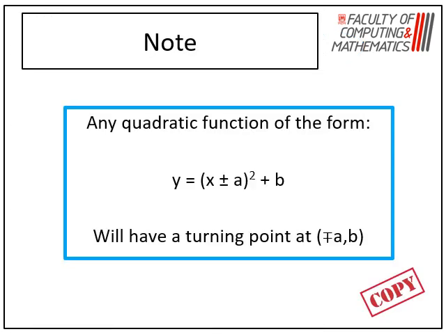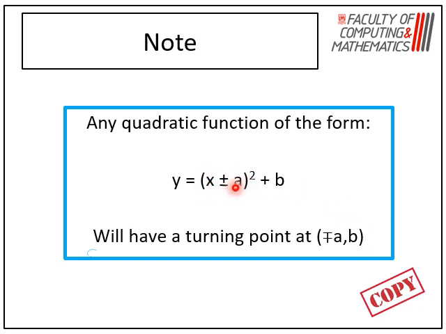Okay, now any quadratic that's in the completed square form, you're going to have y is equal to (x plus a) all squared plus b, or y is equal to (x take away a) all squared plus b. If you have (x plus a) all squared plus b, your turning point is going to be negative a, b.